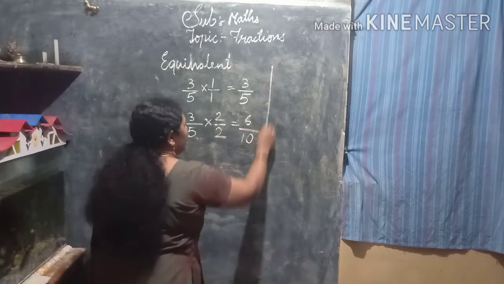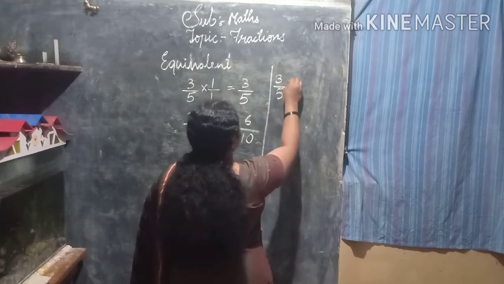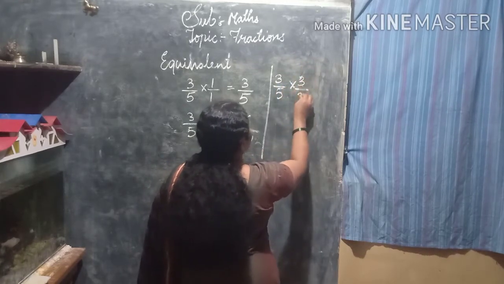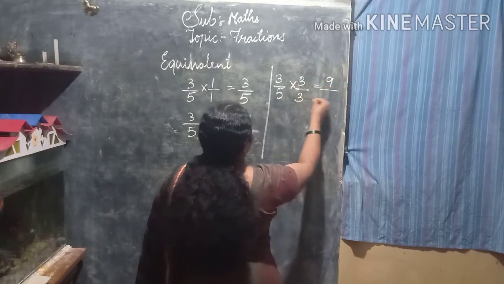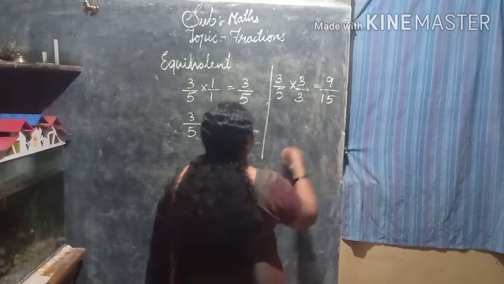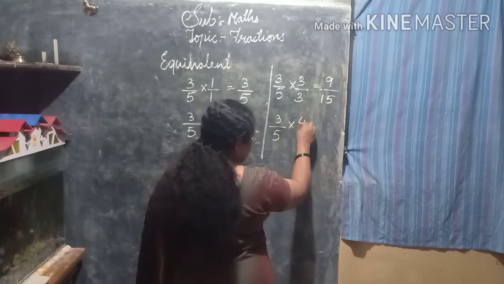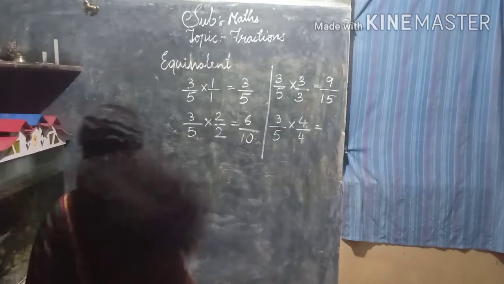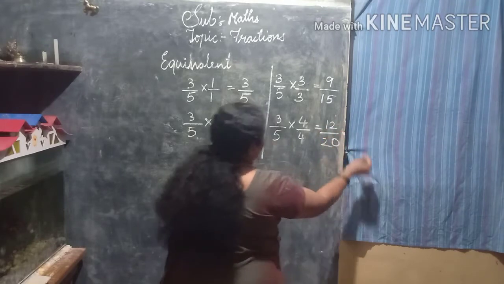Take one more number. We'll take 3/3. 3 3s are 9, 5 3s are 15. Take another. Let us take 4. It becomes 12, and here you will have 20.